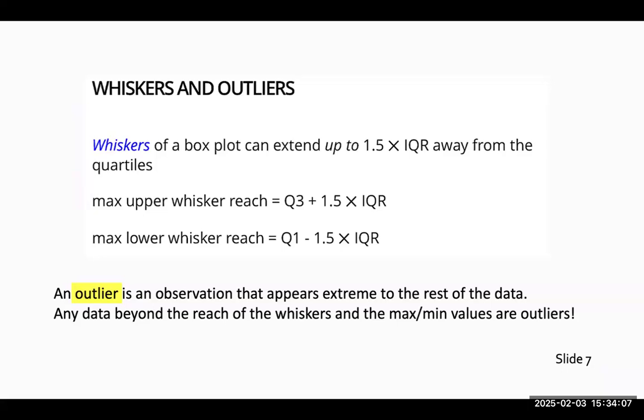The maximum upper whisker reach is where we take quartile 3 and add 1.5 times the IQR, while the minimum, where the lower whisker goes, is taking quartile 1 and subtracting 1.5 times the IQR. An outlier is an observation that appears extreme to the rest of the data, and any data beyond the reach of the whiskers is considered an outlier.